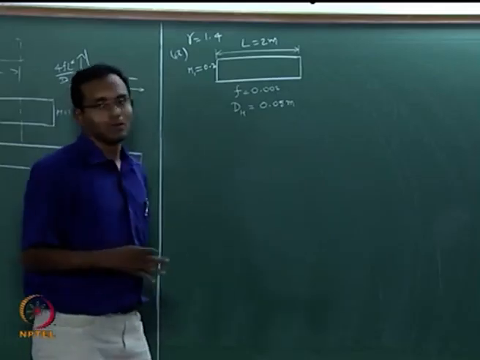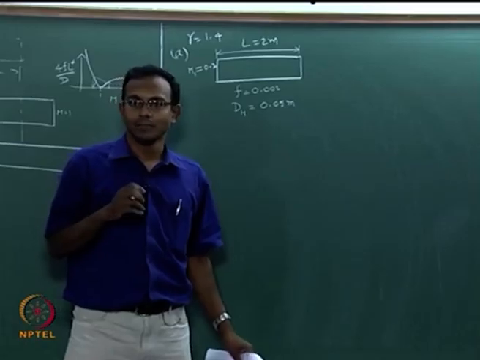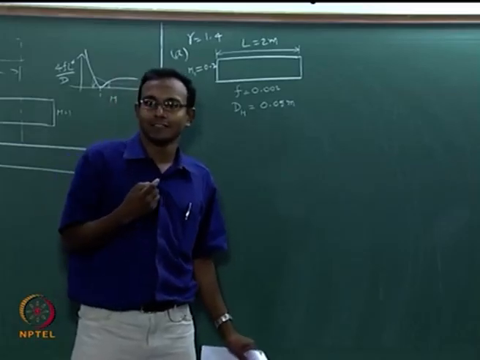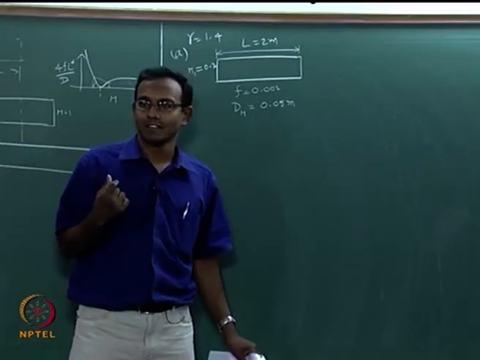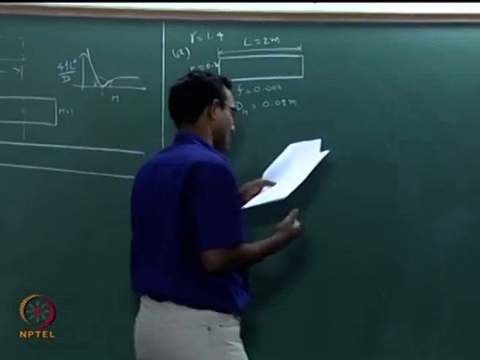To start with this problem, if it is a friction problem, I immediately want to find L star, because based on whether L is less than or greater than my L star, my approach to the problem changes. So the first thing I need to do is find L star.